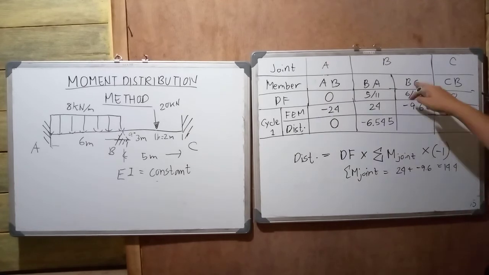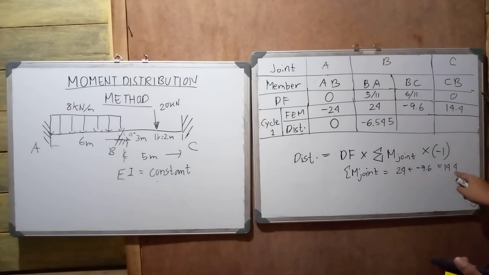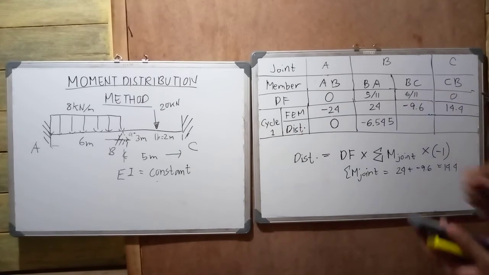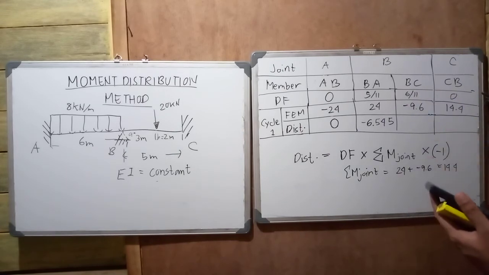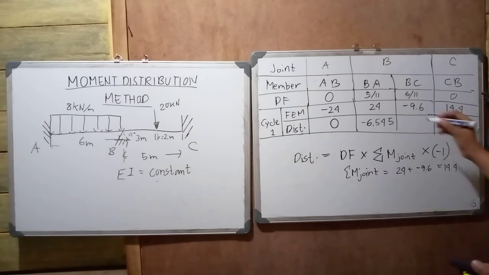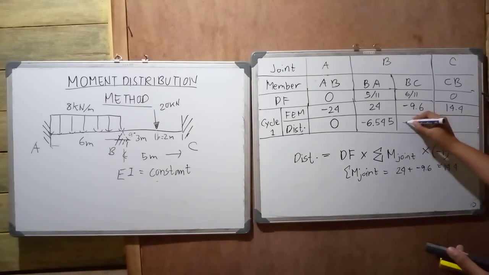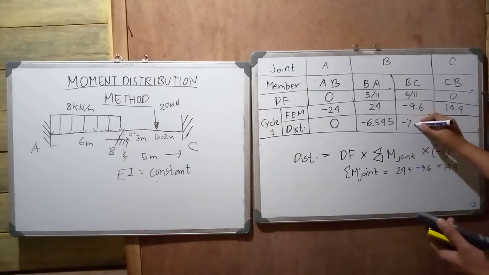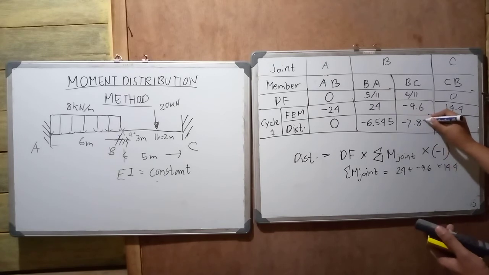And then, ito naman, para naman kay BC. So, iba lang yung distribution factor niya, pero i-multiply mo pa rin. Okay, so M joint mo is 14.4 pa rin. 14.4 times the DF, which is 6/11, times negative 1. Okay, so therefore we have negative 7.855.